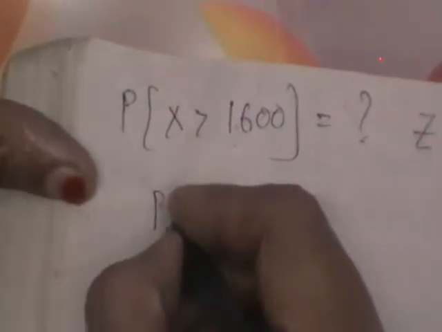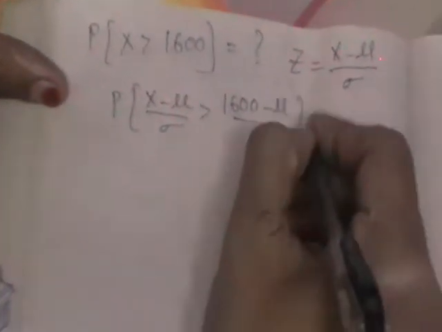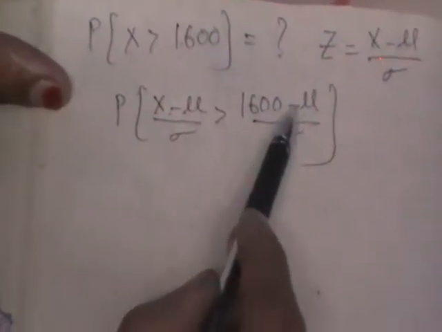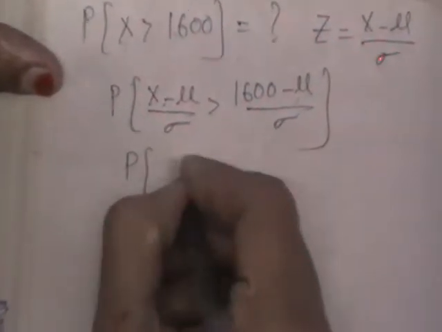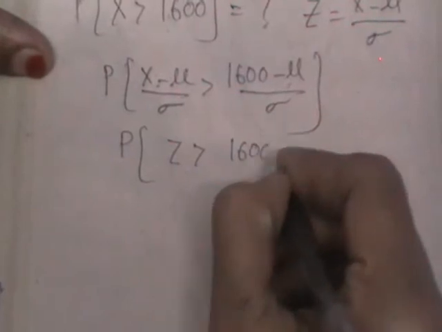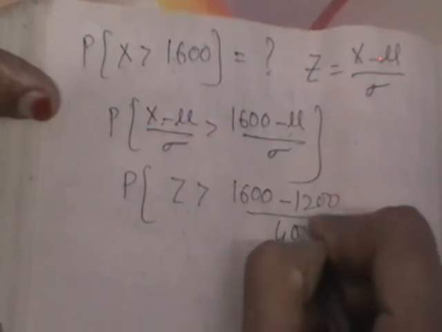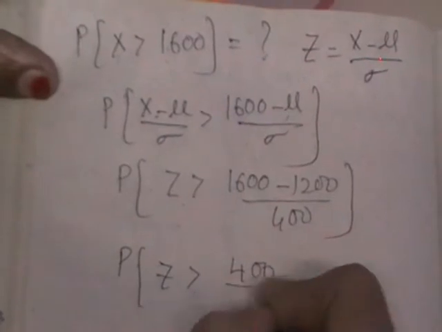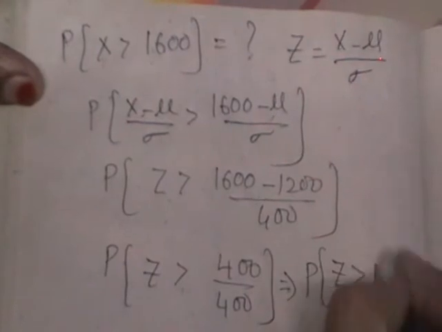If you subtract mu on the left, do the same on the right: z greater than 1600 minus 1200 divided by 400, which is probability of z greater than 400 by 400, which is probability of z greater than 1.